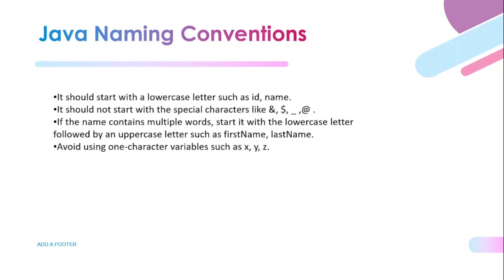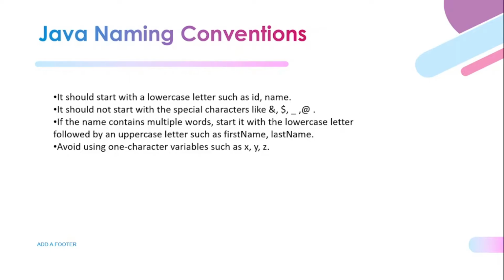Every variable name should start with a lowercase letter, such as ID, name, or what we used in our previous videos. You can check that we used first variable, first integer, etc. It should not start with special characters like ampersand, dollar, at the rate of, hashtag.